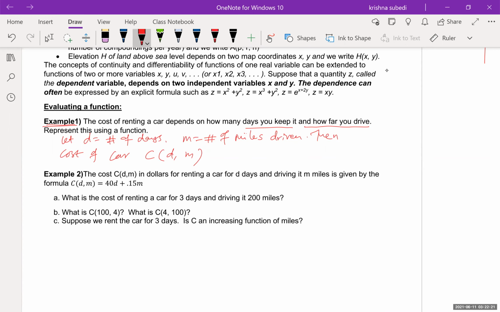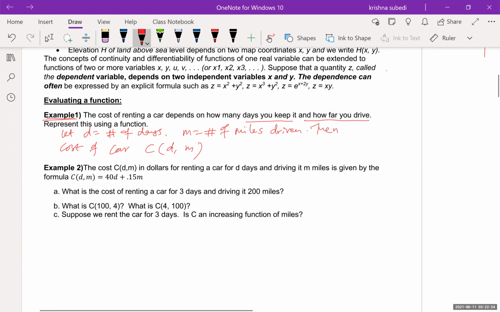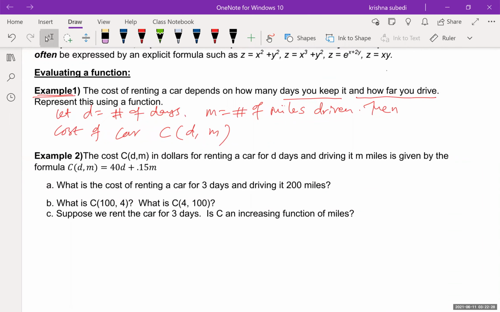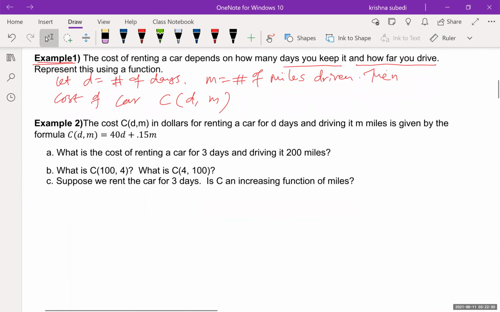So it is a function of D and M, a function of two variables. And if we know some relationship between D and M here, then we can calculate the value.